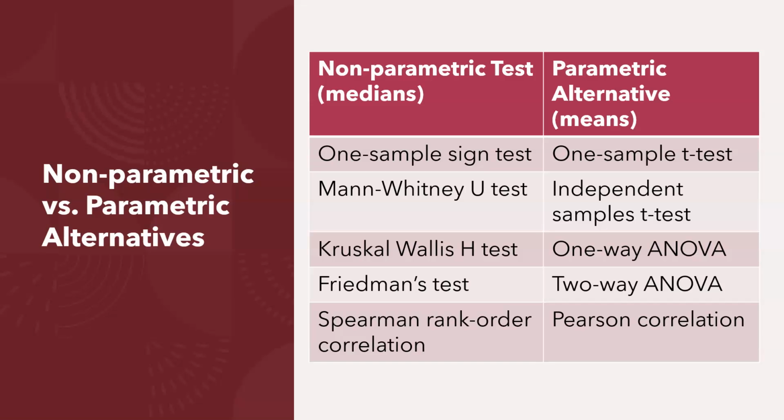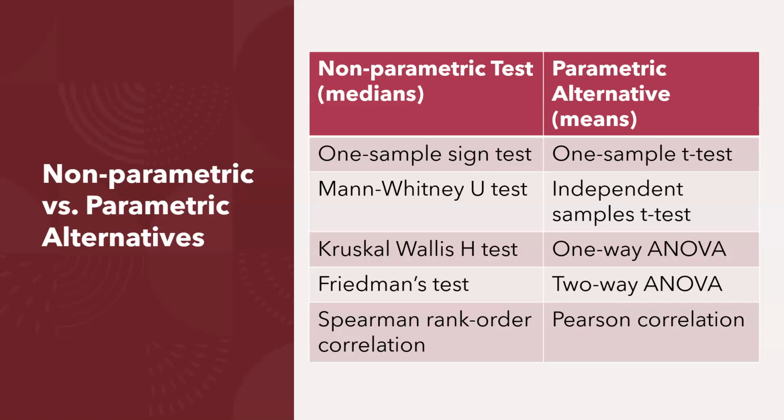Non-parametric tests don't make as many assumptions about the data and are useful when one or more of the common statistical assumptions are violated. However, the inferences they make are not as strong as with parametric tests. Non-parametric tests are also called distribution-free tests because they don't assume that your data follow a specific distribution.